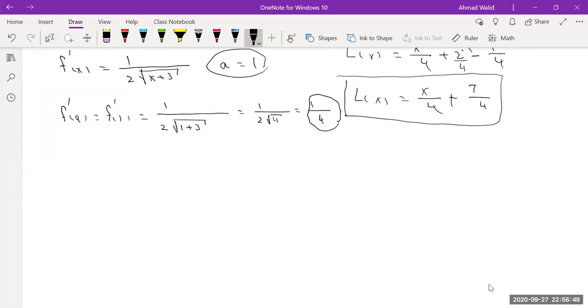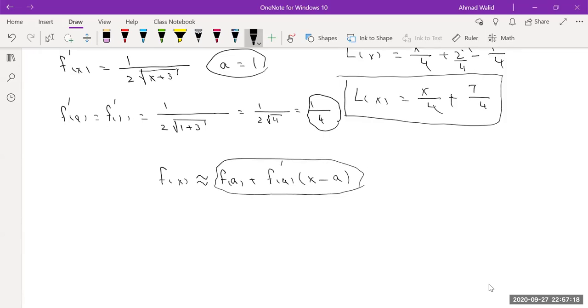Now, the other one is f of x approximately equals f of a plus f prime of a times x minus a. Now, f of x is given to you, and in the second part of the problem you also know this part.